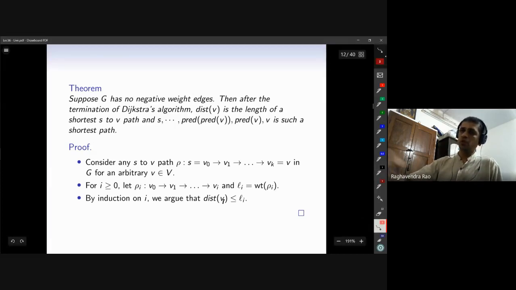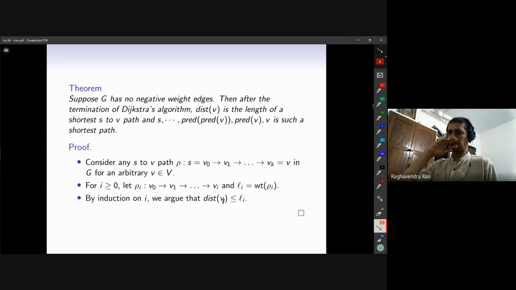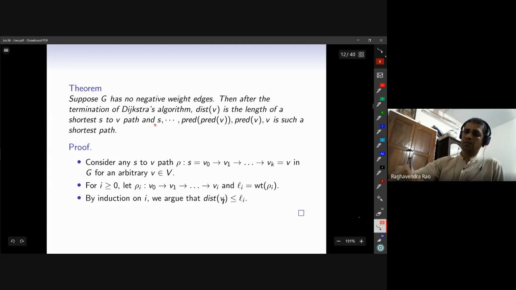That is to show that the predecessor relationship in fact represents such a path. All we do is we just take rho as this path itself.